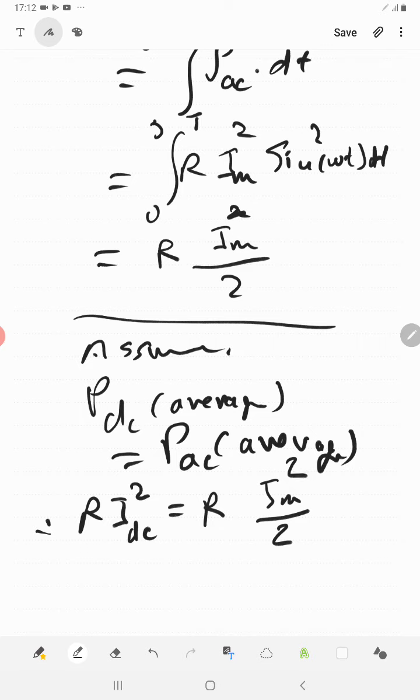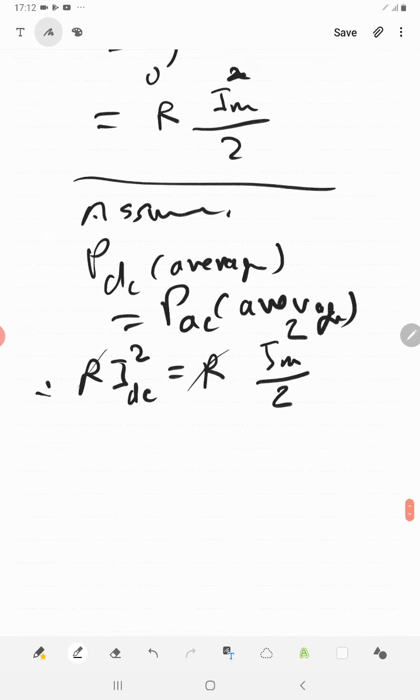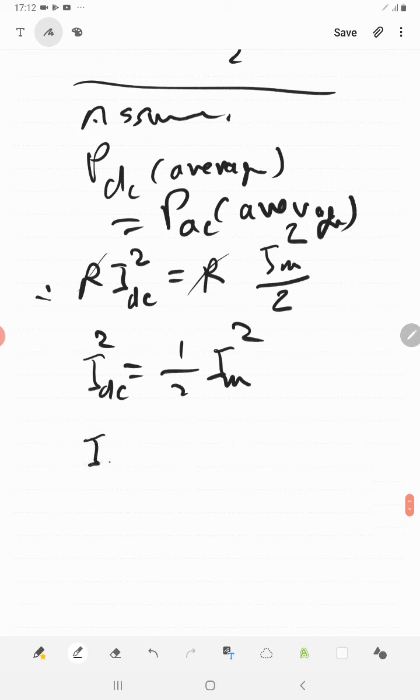Now, R will cancel with R, so I DC squared is equal to half I maximum squared, which means I DC is equal to I maximum over root 2.